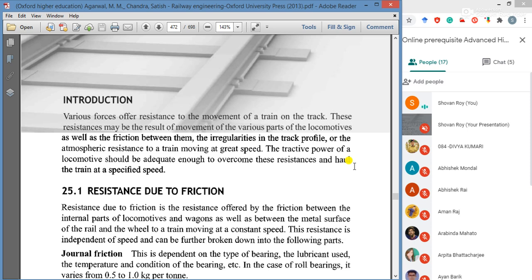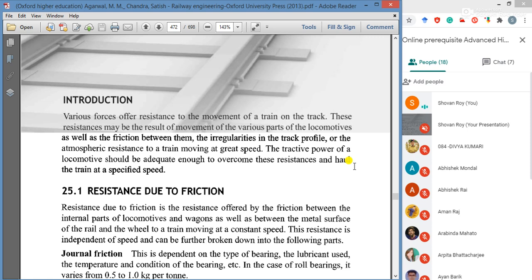As a civil engineer, our intention is how the locomotive, the complete train or the bogies will go smoothly through the track. We don't see problems related to engine mechanical problems; we are concerned only about problems related to the track.